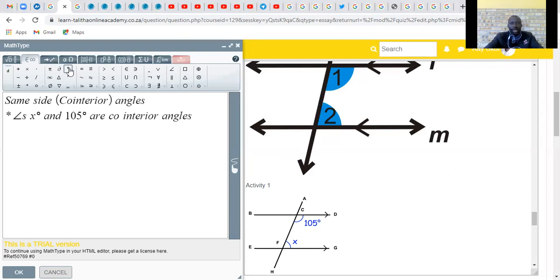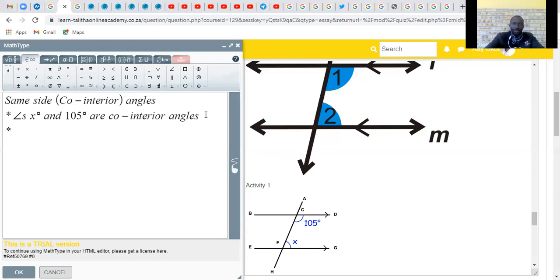Co-interior is sometimes written with a dash in between. So they are co-interior angles.